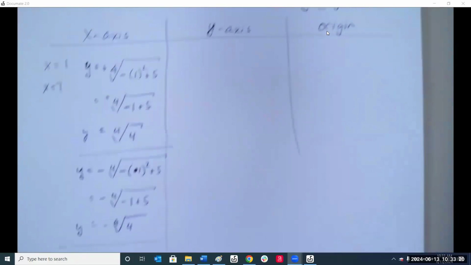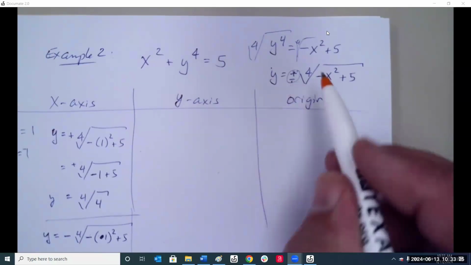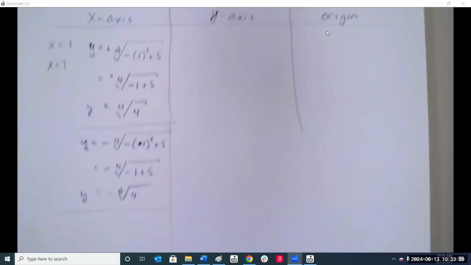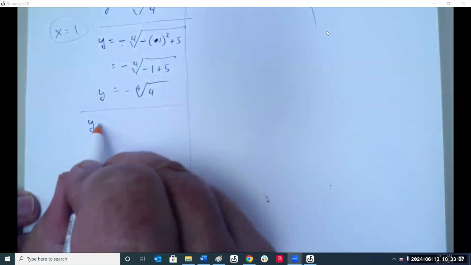You see, I'm going to have 4 different ones, but I have to try it both for positive and negative. I have to try both of these, and see what happens. So these are for x equals positive 1. One's positive, one's negative.